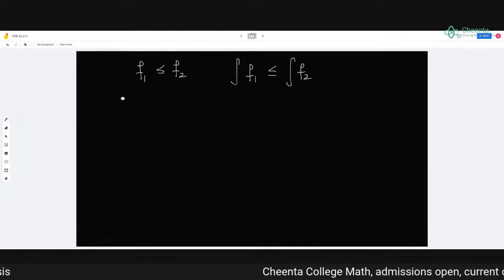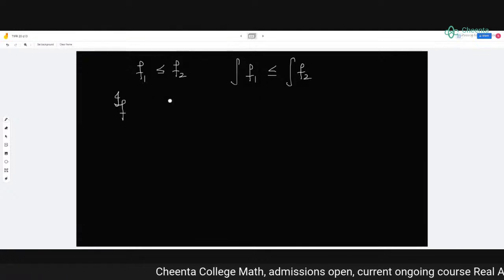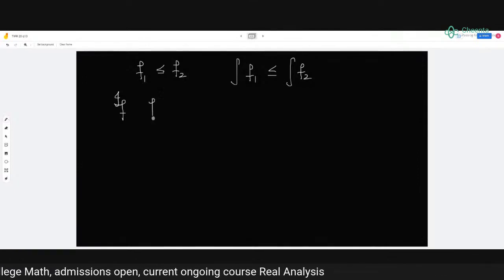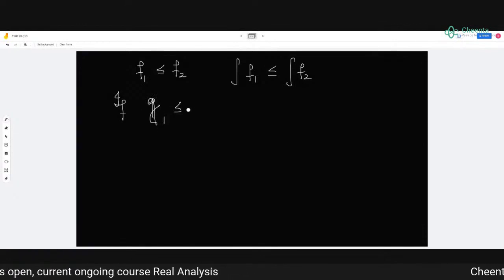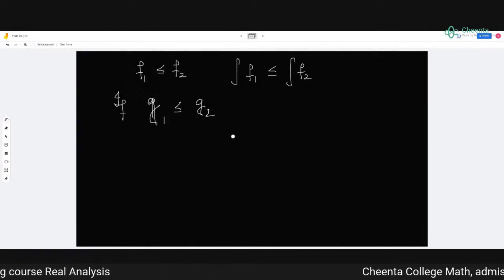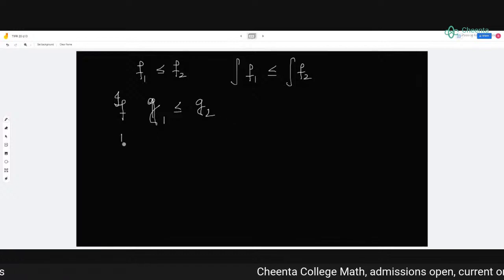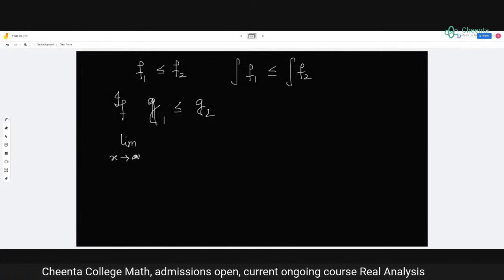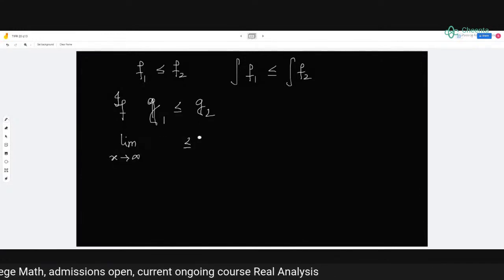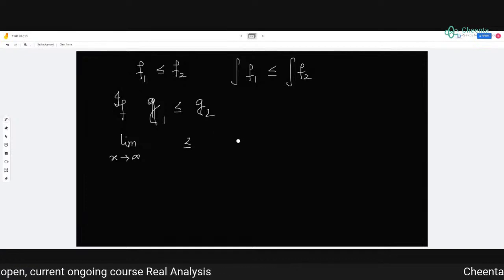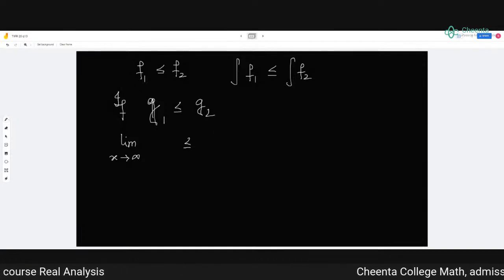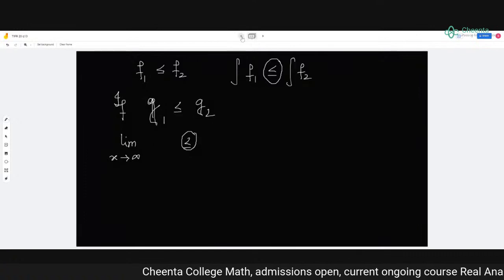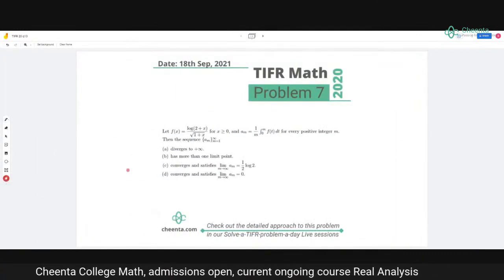And also, for the sake of notation, if g1 is less than or equal to g2, then as x tends to infinity, the inequality remains the same. All right, so the inequalities do not differ. As you can see, there are two things to take note of here.